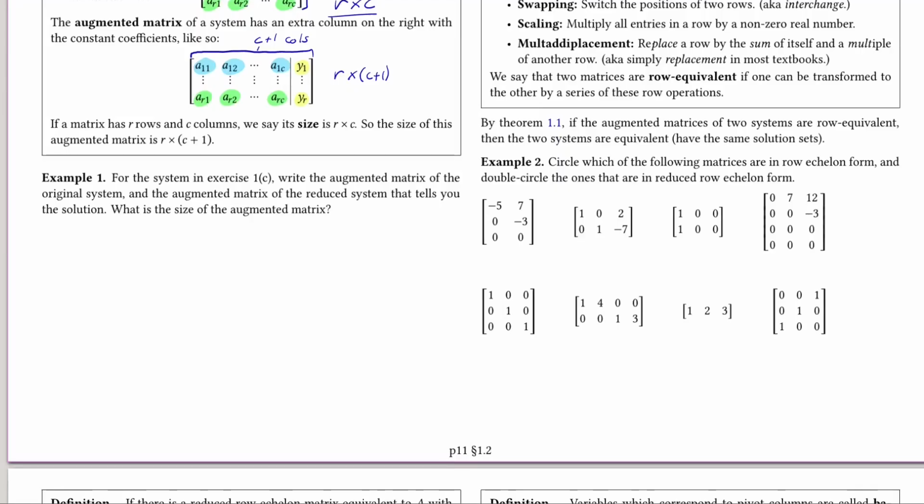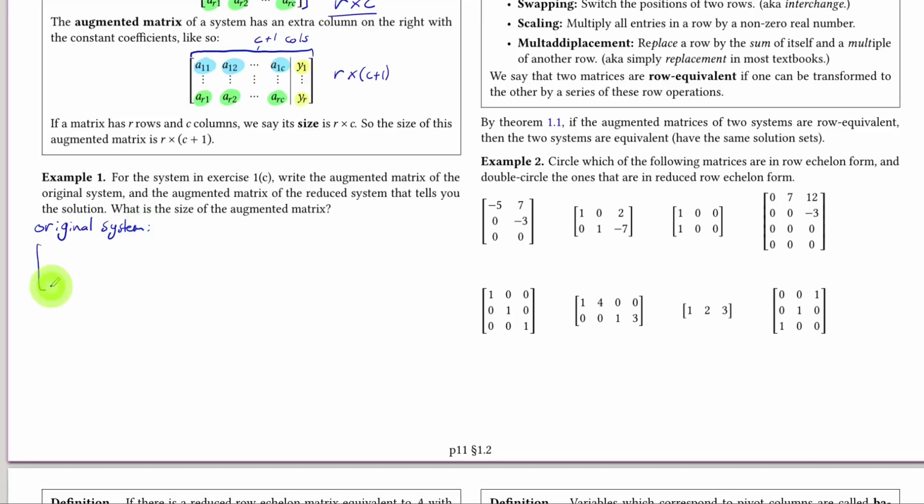So the original system had its first equation was 1x1 minus 2x2 plus 1x3 equals 0. So that makes the top row of that augmented matrix.